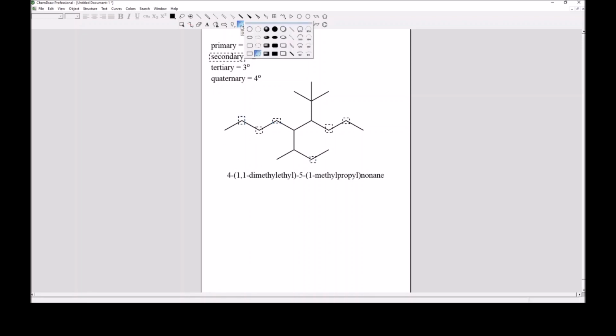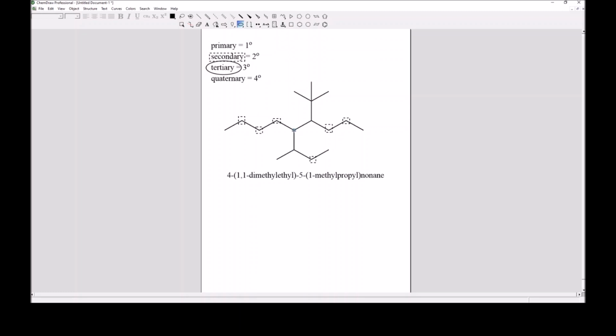Tertiary carbons, we'll go ahead and put this oval around any of the tertiary carbons. And a tertiary carbon is a carbon that's connected to three other carbons. Well, this carbon is connected to one other carbon, so no. This carbon is connected to one other carbon. So this carbon is not tertiary, but this carbon is.